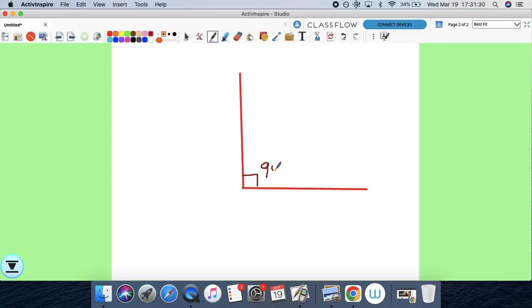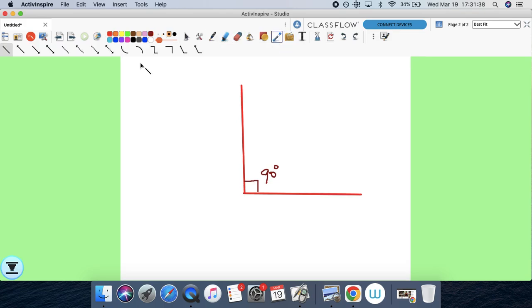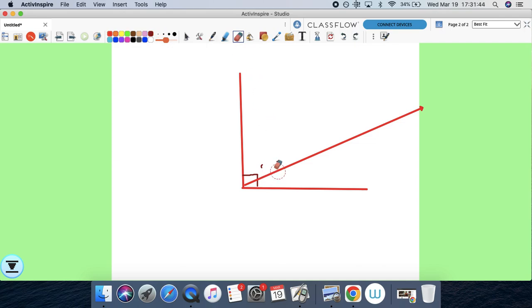So we know this is 90 degrees. But if somebody came over here and said, I want to split that into two different angles, split right here, you could take your protractor and measure it, and say, let's say this was, I don't know, looks like 25 degrees, and they ask you to find this missing angle.